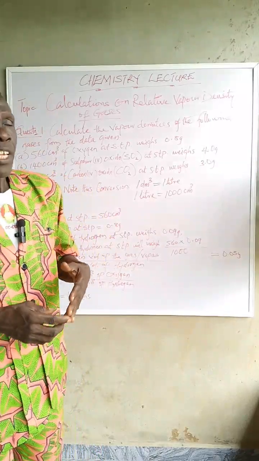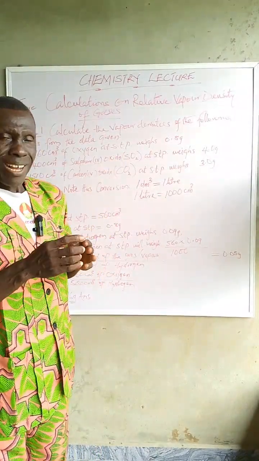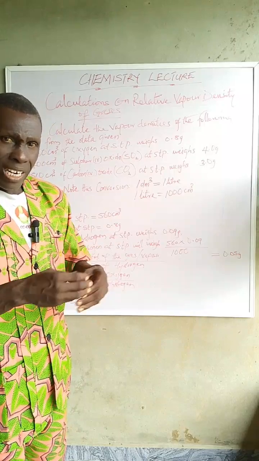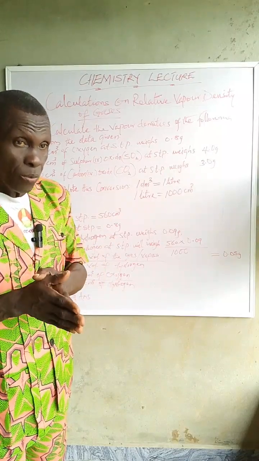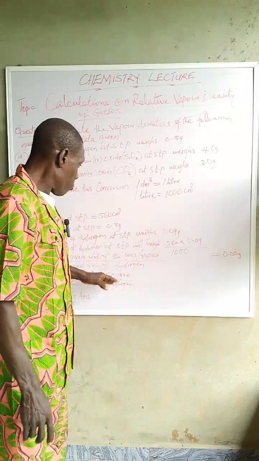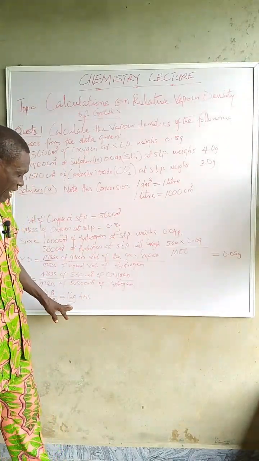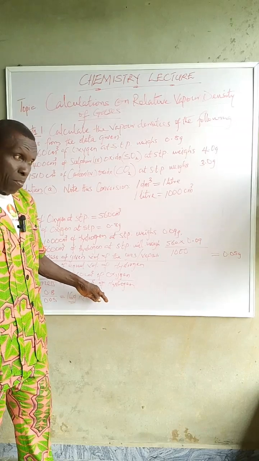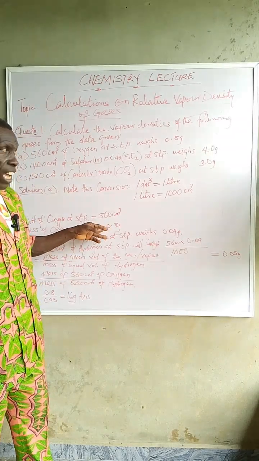That is why if you have O2 as the formula of oxygen gas, the molecular mass of it is 32, because 1 atom of 16 times 2 is 32. So here the vapor density we have is 16, and 2 times that gives the relative molecular mass of oxygen based on this calculation.